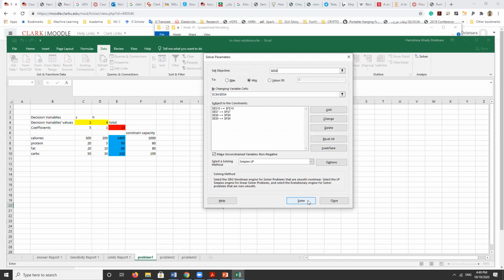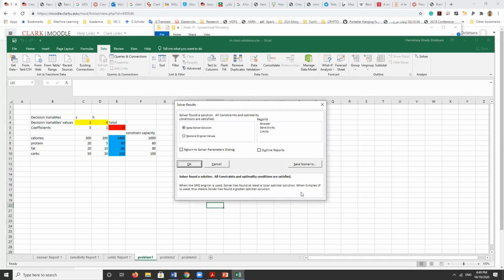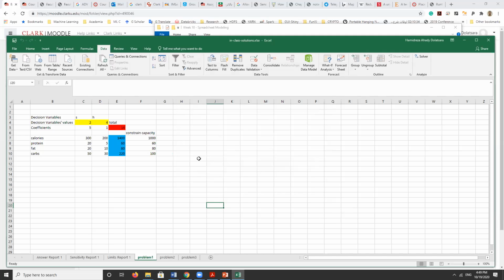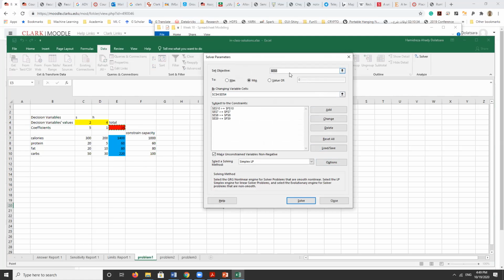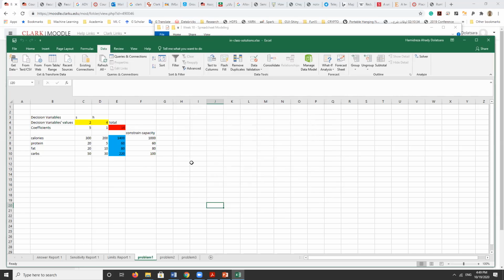I'm not sure what I did previous time, but let's see. Maybe I made a mistake. Maybe I didn't click on the right cell for objective function, because now I checked and I got exactly the same result. When I checked, I had clicked E10, not E5. When I saw mine was E10, I changed it to E5. Then exactly the same result. I guess I clicked in the wrong place.